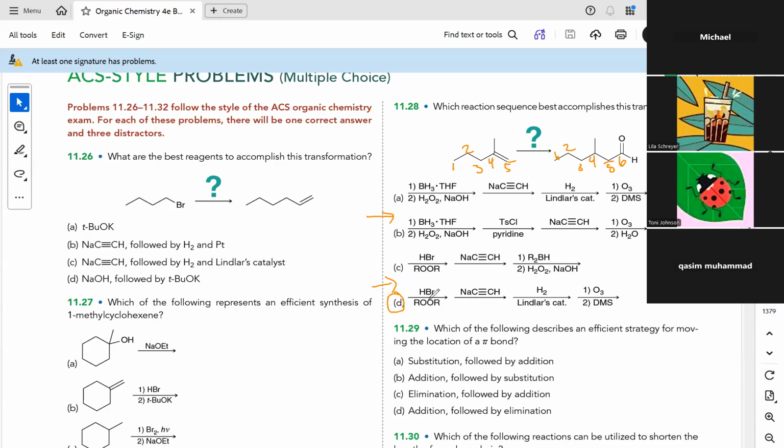If we added HBr in an anti-Markovnikov fashion, let's see if I can draw that efficiently here. So 1, 2, 3, 4, 5. There's my pi bond. So I'm going to add anti-Markovnikov. I'm going to add the H here, and then the bromine would be on the end here.